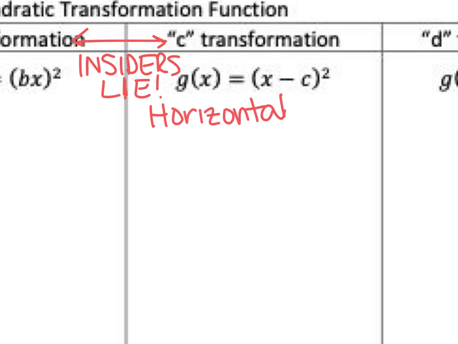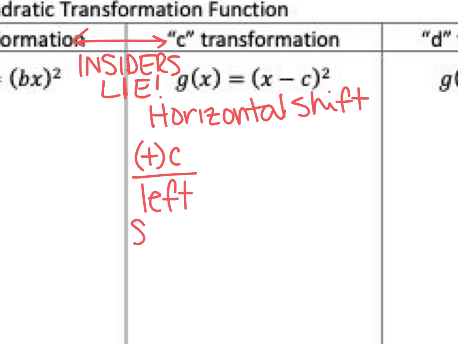Now, how it shifts depends on the sign. So if we have a positive C, positive usually goes to the right, but again, insiders lie, so we're going to shift left. If we have a negative C, again, negative is usually left, but insiders lie.